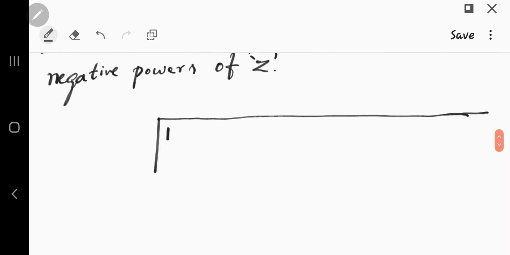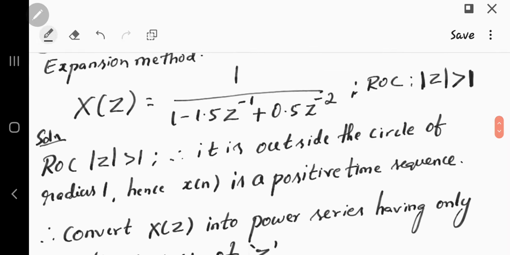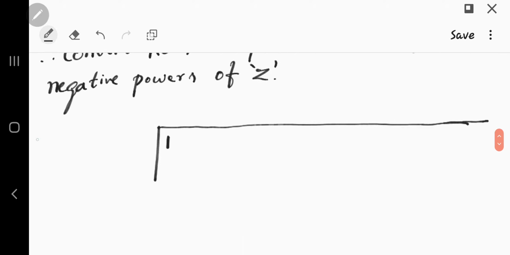Since 1 is the numerator, we can't change this one. But I will write the denominator as it is, 1 minus 1.5 z inverse plus 0.5 z inverse. So don't get confused here. Why am I writing this denominator as it is? In the previous video, while we were performing the long division method, both the denominator and the numerator were arranged by default from highest power to lowest power.